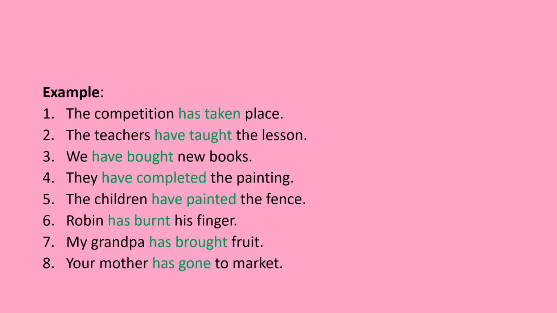In the fourth sentence, they have completed the painting. They is plural, so we are going to use have plus the third form of complete, which is completed. So we will use have completed. Fifth sentence, the children have painted the fence. Again here children is plural, so we will use have plus the third form of paint, that is painted.